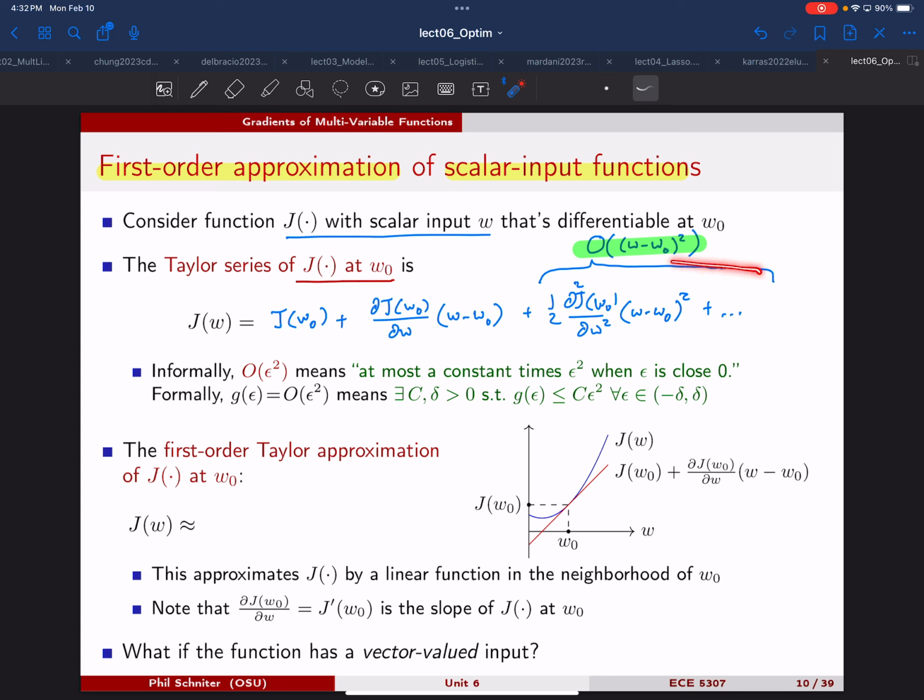So here we're saying all this infinite stuff, all together, we can upper bound by a function that's quadratic in the deviation between W and W naught. And we don't know the constant. There is some constant out there, we just don't know it. That's essentially what it means.